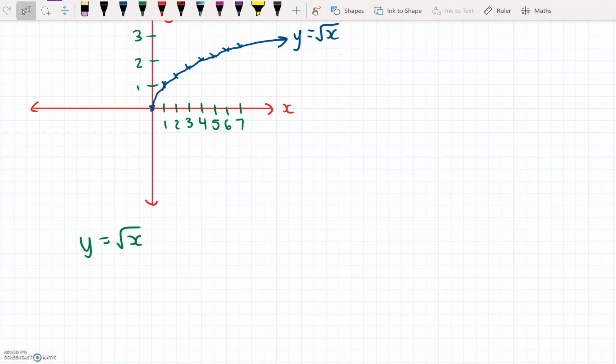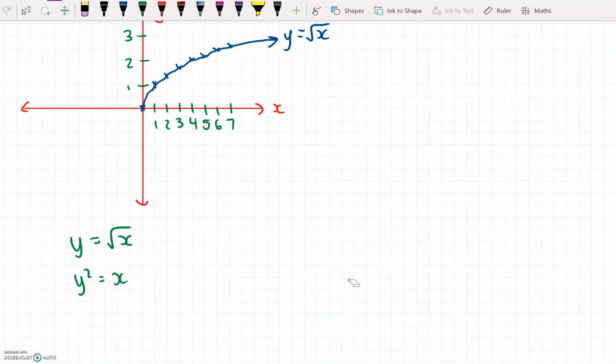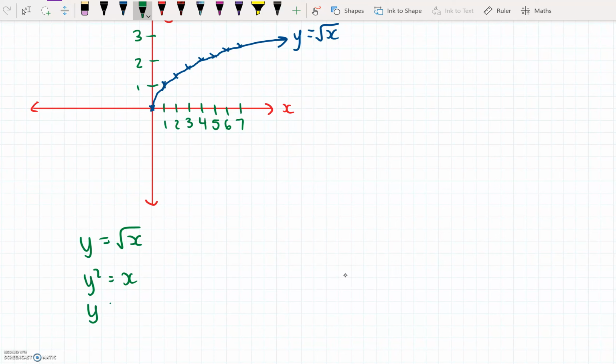If we square both sides, we get y squared equals x. And if you think about this, this is just the reverse of y equals x squared.